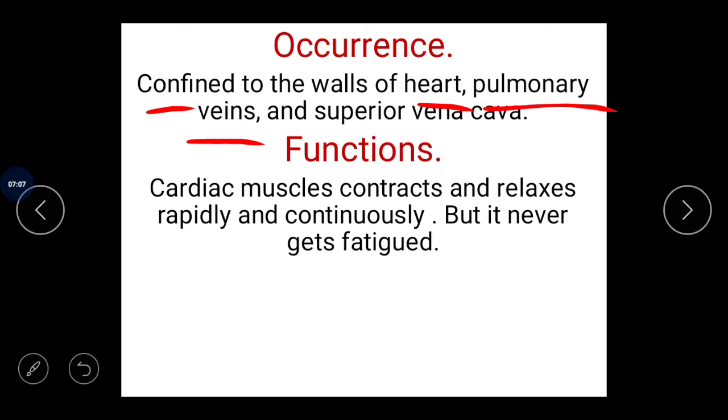And you must know that pulmonary veins are the veins that carry the oxygenated, oxygen rich blood from the lungs to the heart, and these blood vessels are made up of cardiac muscles.